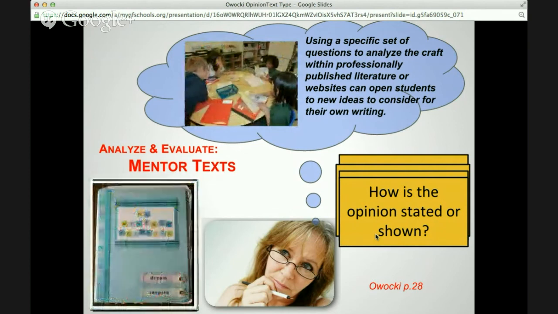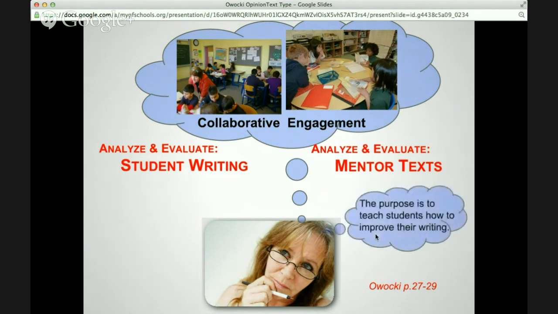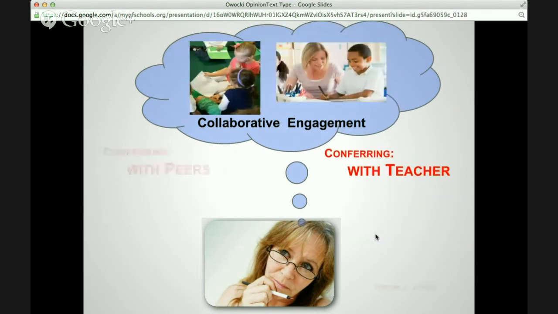Again, Owocki talks about model introductions or model closures, and that kids save those in the writing notebook so that they are able to refer back to them as models that they might want to emulate when they're creating their own pieces. So the first step of collaborative engagement is analyzing and evaluating writing. Why? For the purpose of improving.